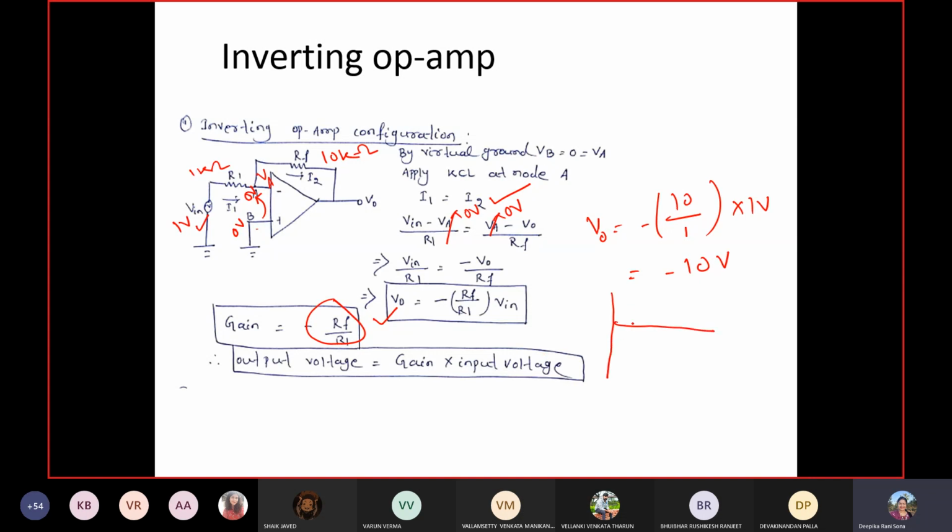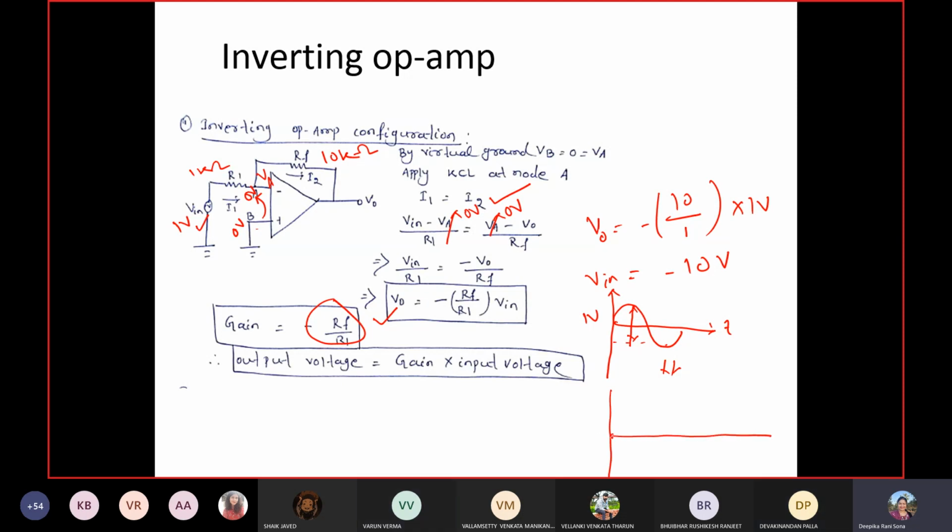Suppose this is our Vin, a positive voltage. Okay, sinusoidal voltage we have applied. What should be the Vout? It is, suppose, 1 volt, right? What should be the output? Inverted and amplified.